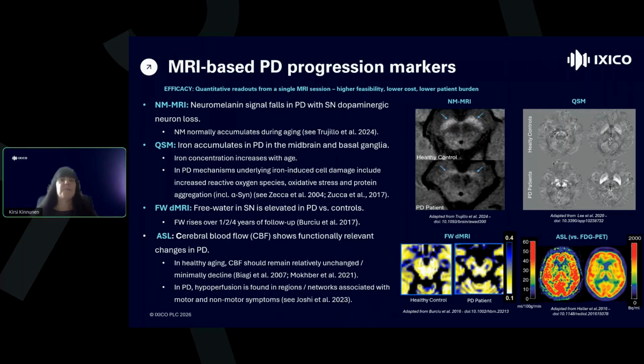Free water in the posterior substantia nigra, in particular, has been identified as a useful longitudinal progression marker in multiple cohorts. Combining the three gives orthogonal readouts of the same disease process.